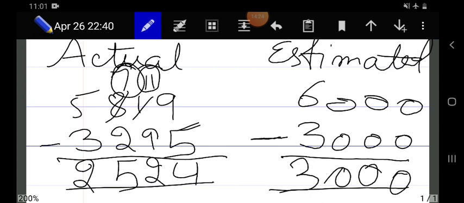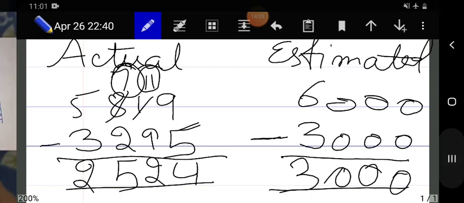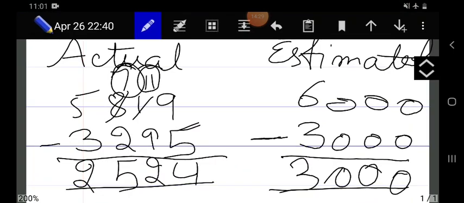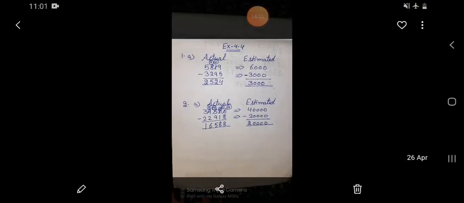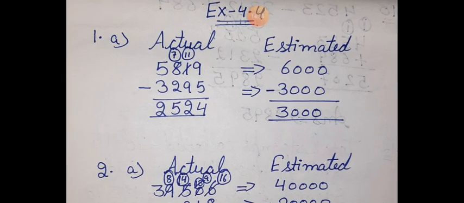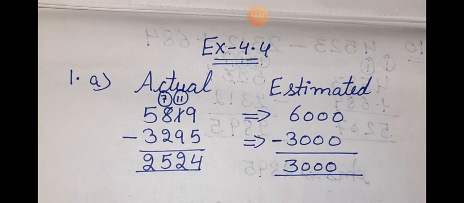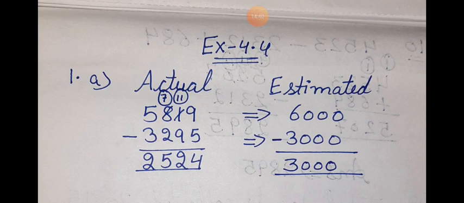Now moving to the next question. I'll also show you how you will do it in the notebook, so that if you are having any problem, it is properly clear to you all. This is how you are going to do it in your fair notebook: first sum of exercise 4.4 A part, actual and estimated. First of all we will estimate it. You are not going to show the number line; I just used those number lines to make you understand how you will find the estimation.